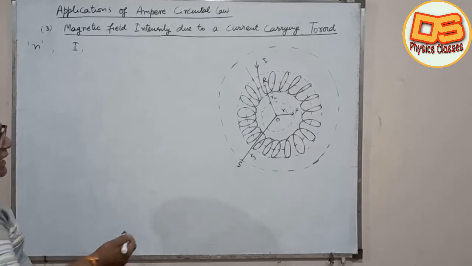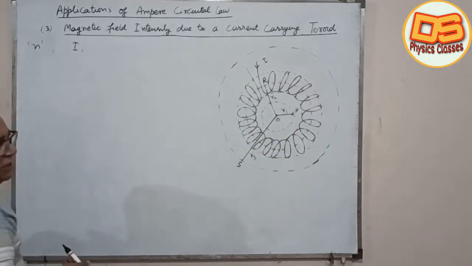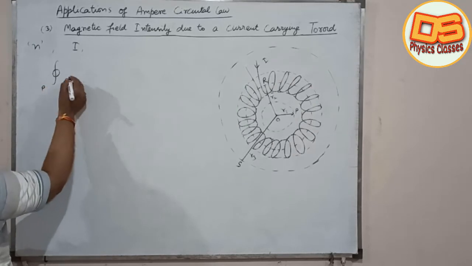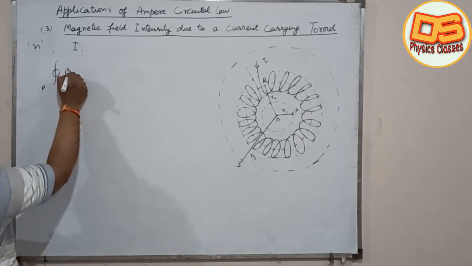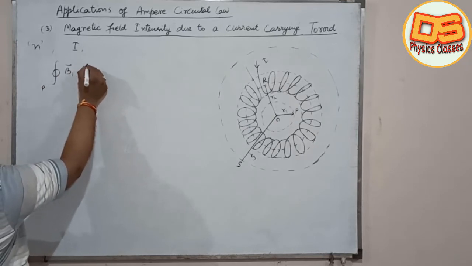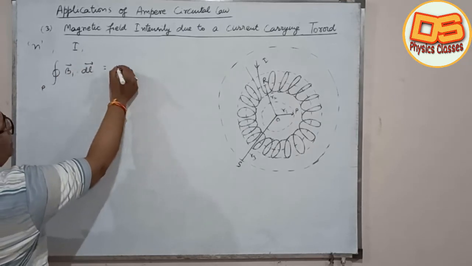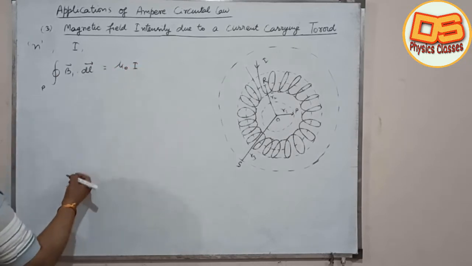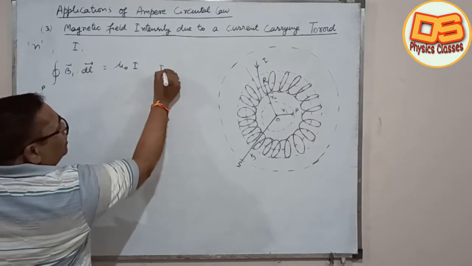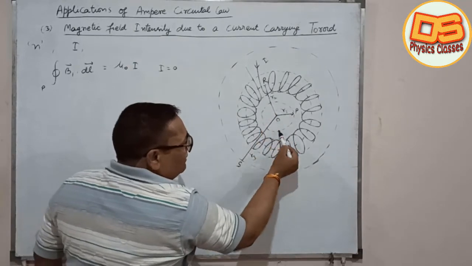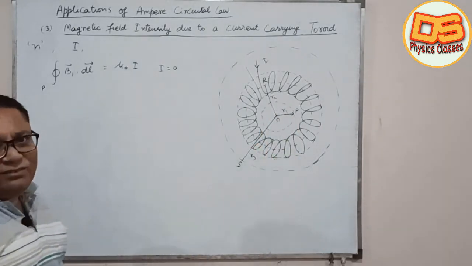First, the magnetic field intensity at point P. B1 dot dl is equal to mu 0 I. In this expression, I is equal to 0 because there is no current inside this loop.